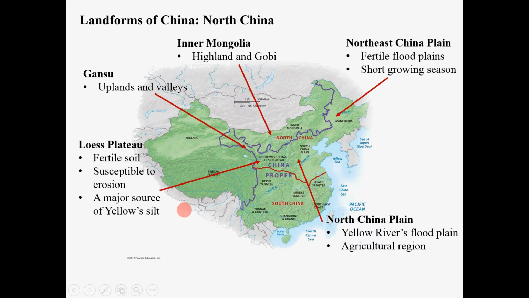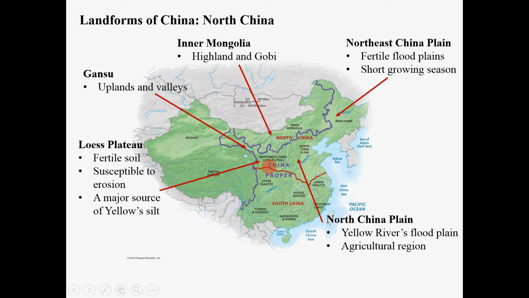Now we move to here, North China Plain. This is mainly the Huanghe or the Yellow River's floodplain, an important agricultural region since ancient times. And here we move to the west, the Loess Plateau.